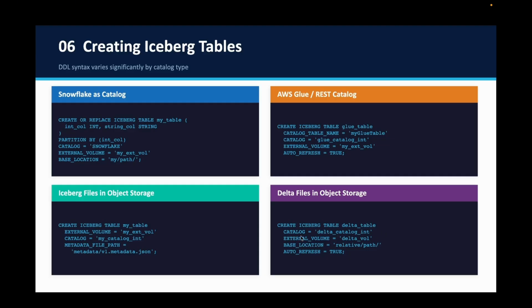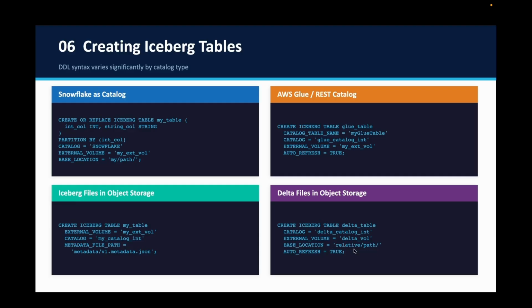So when you refer to catalog equals delta catalog integration, in this catalog definition, we will say catalog source equals delta table format, which means it refers to the delta log, picks up the metadata, and converts that into an Iceberg table in the Snowflake catalog. So this is still called an unmanaged Iceberg table because it is referring to a table that is created by an external catalog or external engine.